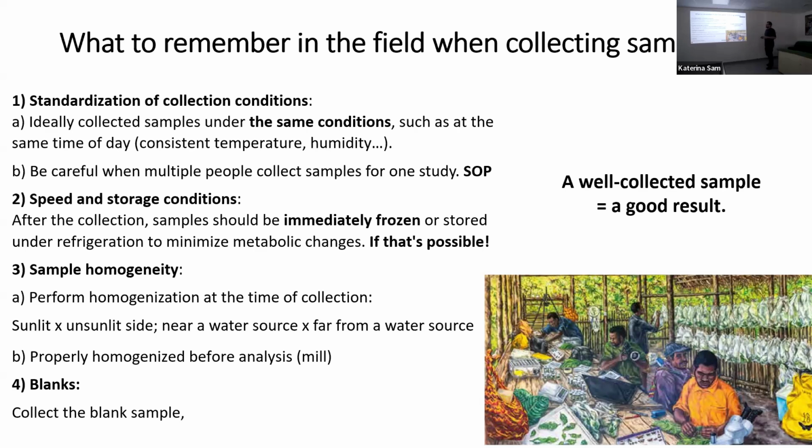The second interesting and important part is stopping the enzymatic activity. If I collect leaves from a tree, typically you use a plastic bag, add the leaves to the plastic bag, and go to the next sampling point.